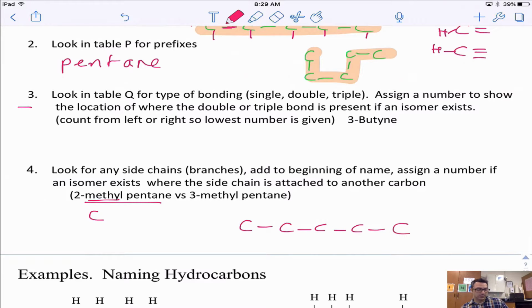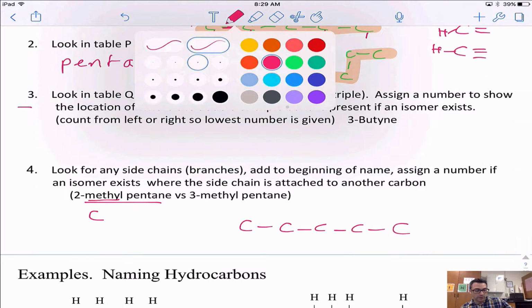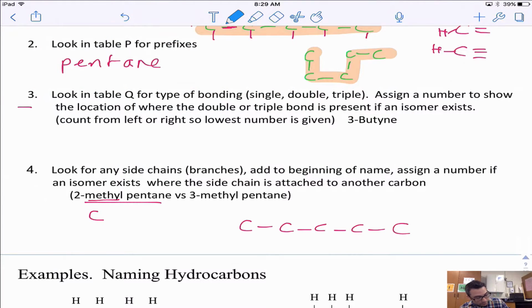That number tells me where the carbon is hanging off of. If I number the carbon chain, this would be carbon 1, 2, 3, 4, 5. That means off of the second carbon, you could put it on the top or the bottom, there would be another carbon coming off of it. This would be then filled in with hydrogens, and this would be 2-methylpentane.